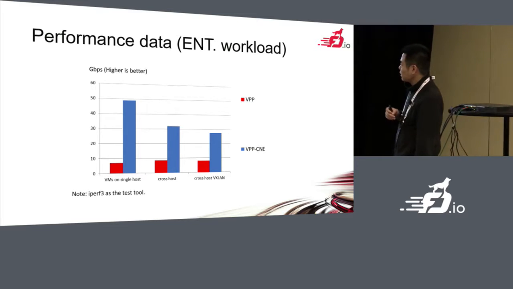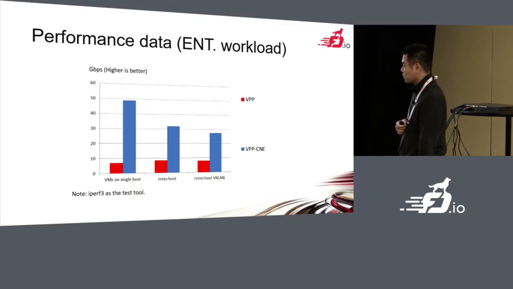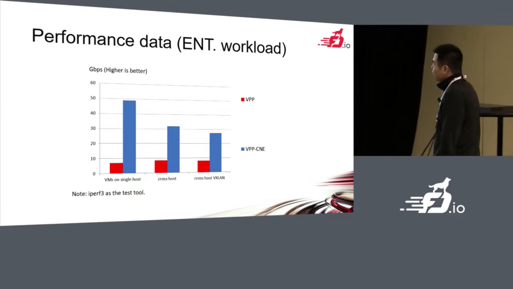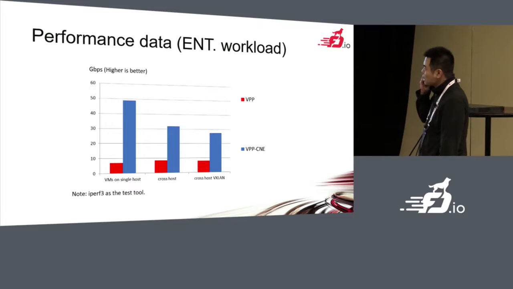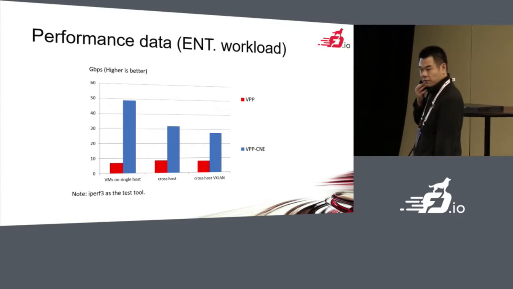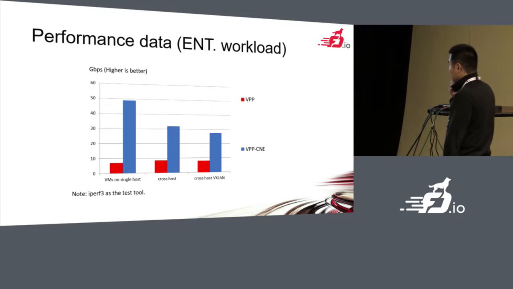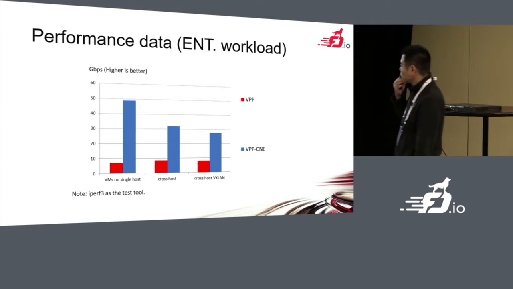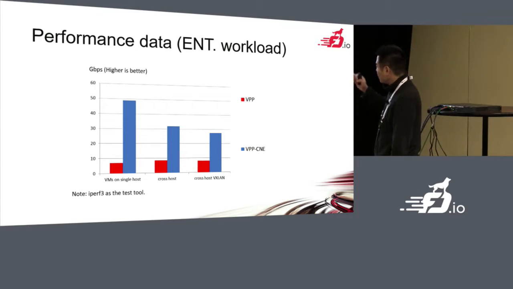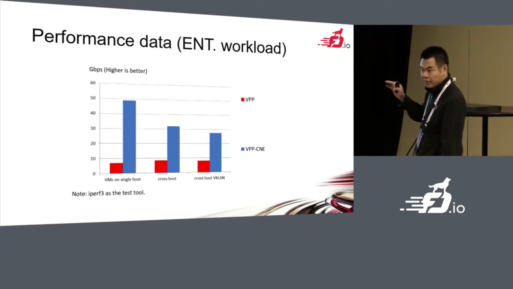The next one is for enterprise workload. The first one is two VMs running on a single host, and we're just using iPerf 3 to test the throughput. As you can see, VPP gets about 8 gigabits per second, and VPP-C gets pretty close to 50 gigabits per second. The second one is cross-host, using native, linked by 40 gig links.